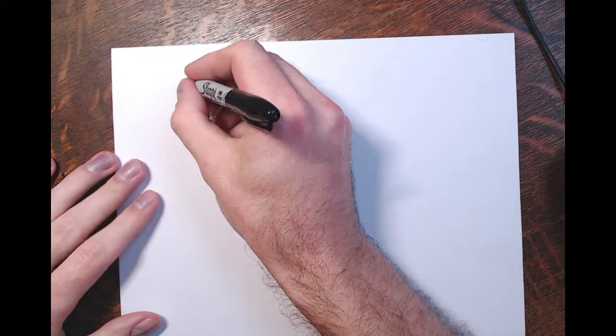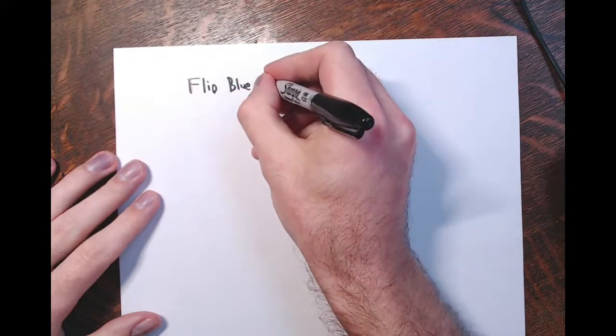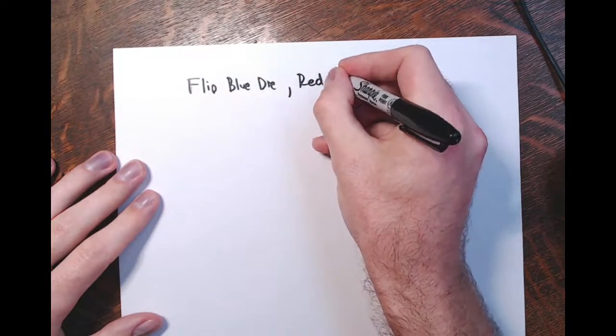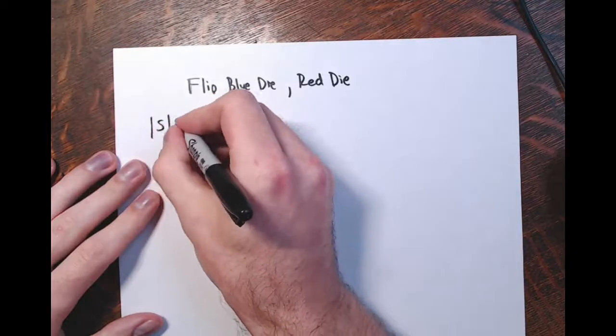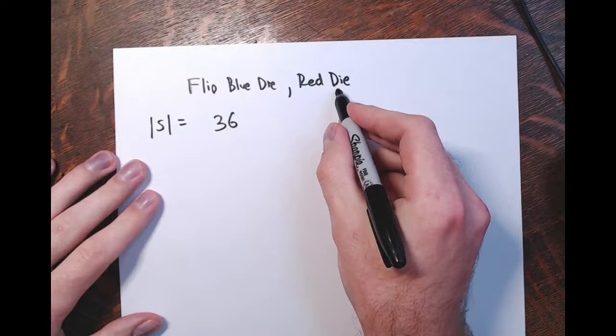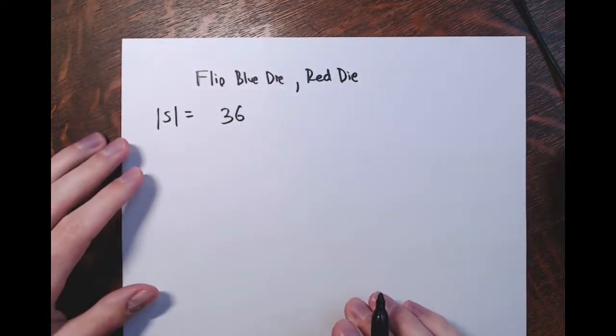If I flip a blue and a red die, remember the cardinality of the sample space was 36, right? Because there's 6 possibilities here times 6 possibilities here. And they listed them as ordered pairs back in section 12.1.